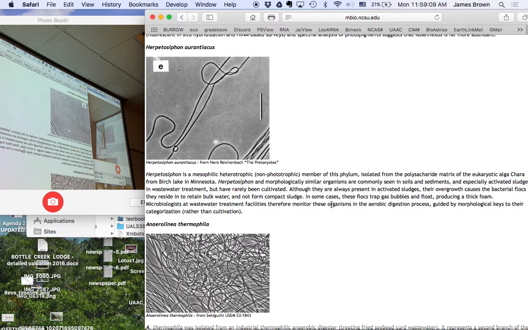So wastewater treatment microbiologists know a lot about these filaments, even though almost none of them are cultivatable. Instead, they have these beautiful keys where you look at different filaments in sludge, and they change how the sludge processing is taking place depending on how much of these different kinds of organisms they're seeing.